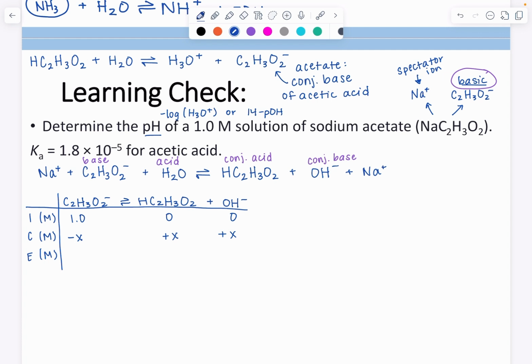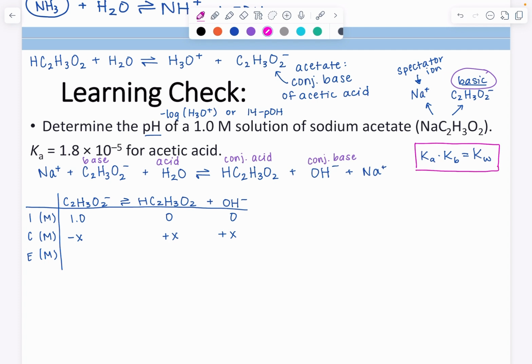Ka for acetic acid almost gives us something. Well, it does give us something helpful. It's just not as direct as what we've seen before. This is where we actually need a new relationship. We haven't covered this yet or used this yet. But if you have Ka for a reaction and Kb for a reaction, multiply them together, you get Kw.